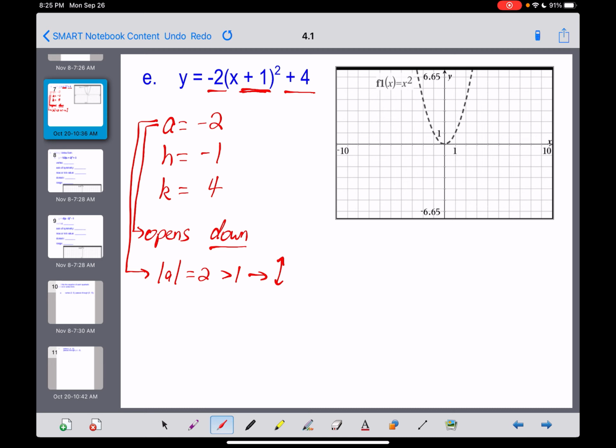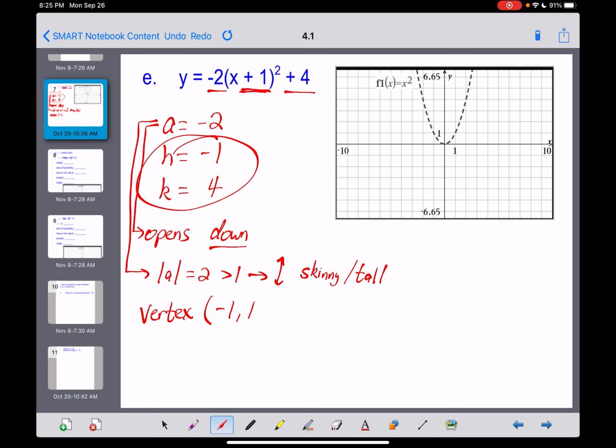It means that it's tall, so we're actually dealing now with a skinny parabola, and I should say because it's actually taller than normal. And then the vertex of this parabola is located at this ordered pair right here.